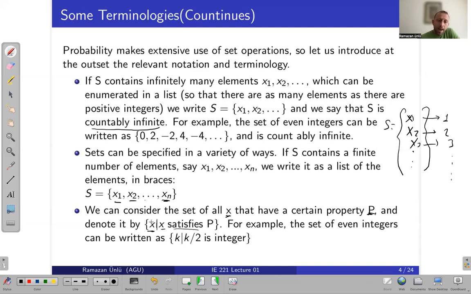So this x is coming from these conditions. For example, the set of even integers can be written as k such that k divided by 2 is an integer. If this can be divided by 2 and the result is an integer, I can say that k is an even number. So I can create the set like that.